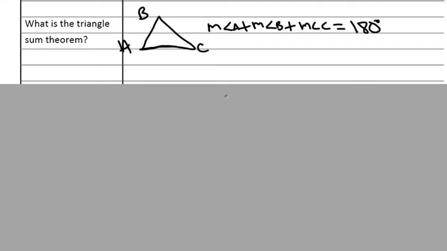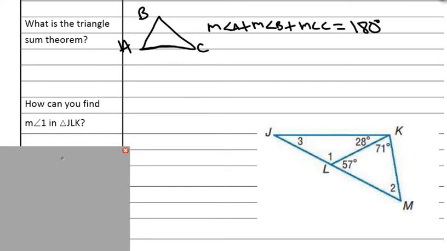And that is the triangle sum theorem, that all three angles of a triangle have a sum of 180 degrees. So for the next three questions, I want you to copy this picture using a nice straight ruler to make your triangles. We're going to answer the question, how do you find the measure of angle 1 in triangle JLK? So go ahead and copy this picture into your notebook and write down this question.